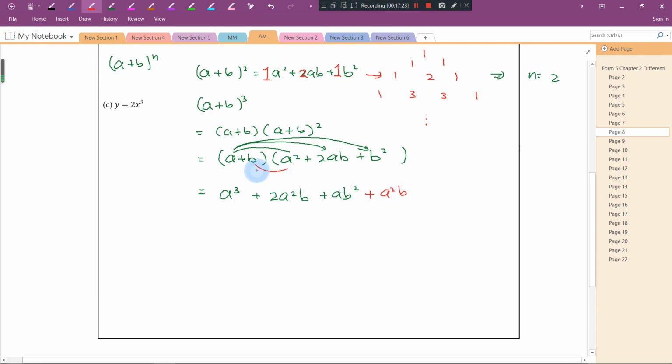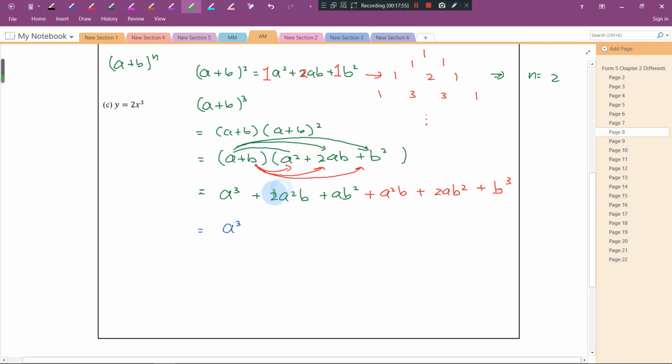A squared B, plus, okay, let me leave some space here. Okay, plus 2AB squared, and the last one we get plus B cubed. Okay, now we just simplify it. We have A cubed over here, and then here you have 2.